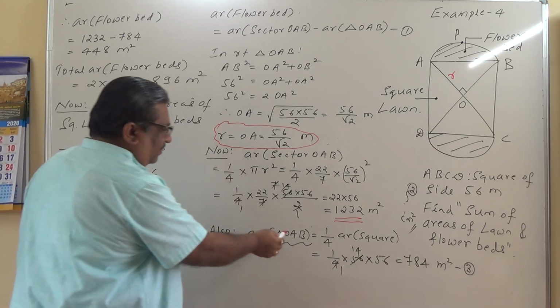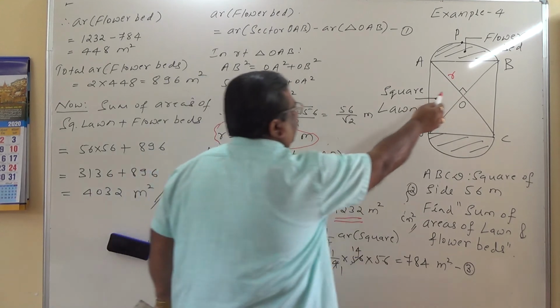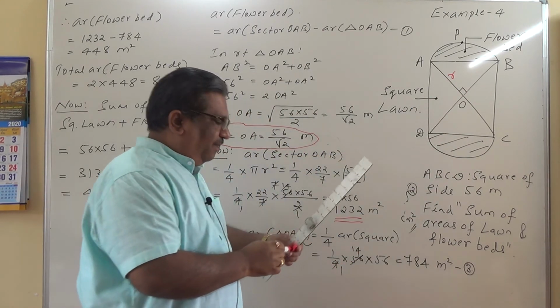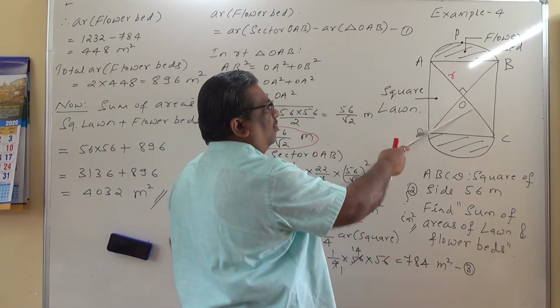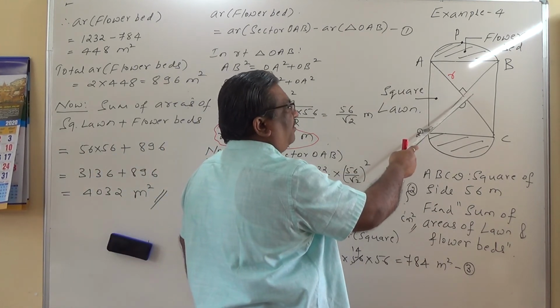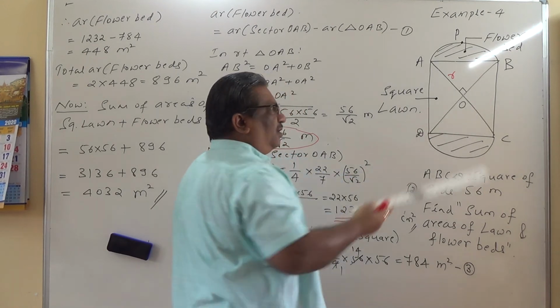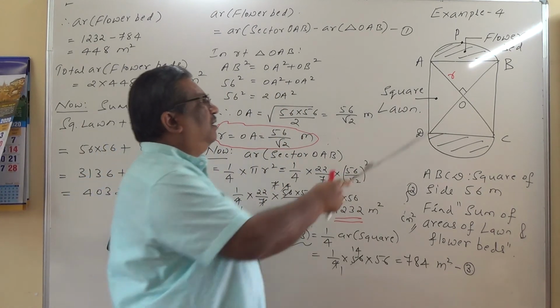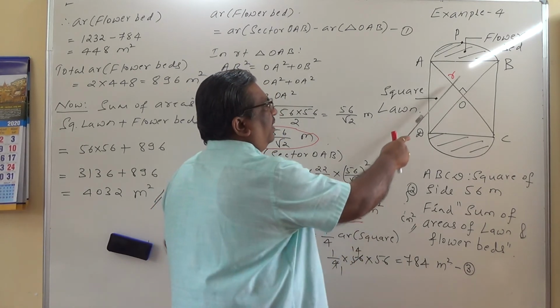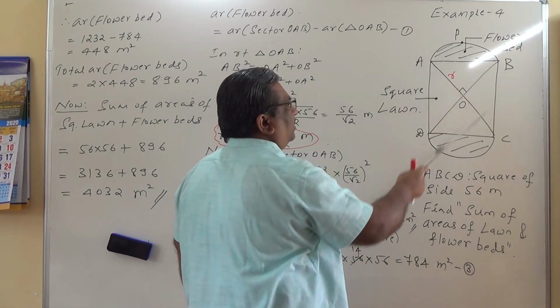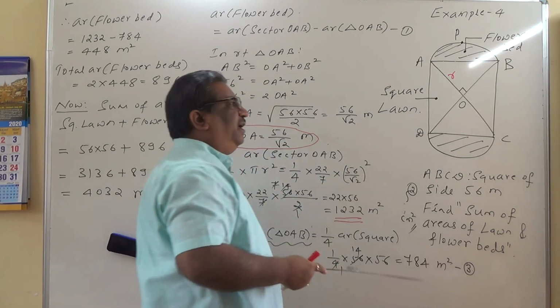Then find out the area of the triangle OAB. Area of this triangle OAB is very important here. Of course you know this OA here, so half into OA into OB also you can do, or these 4 triangles are congruent triangles, and therefore the area of the triangle OAB is equal to 1/4 the area of the square.